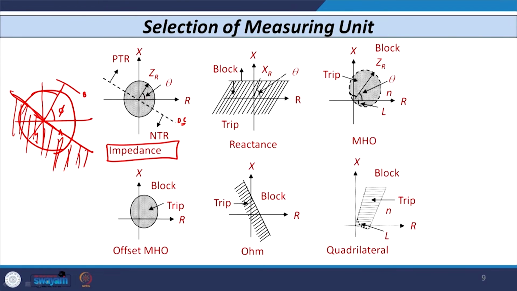This is your Z1 and this theta, that is your K1, is nothing but the characteristic angle theta of the distance relay. So, this is all about the impedance characteristic. This type of characteristic is not used in the field because whenever you use it, you have to further use a directional relay along with the impedance relay. So, that is the biggest disadvantage of the impedance type distance relay.